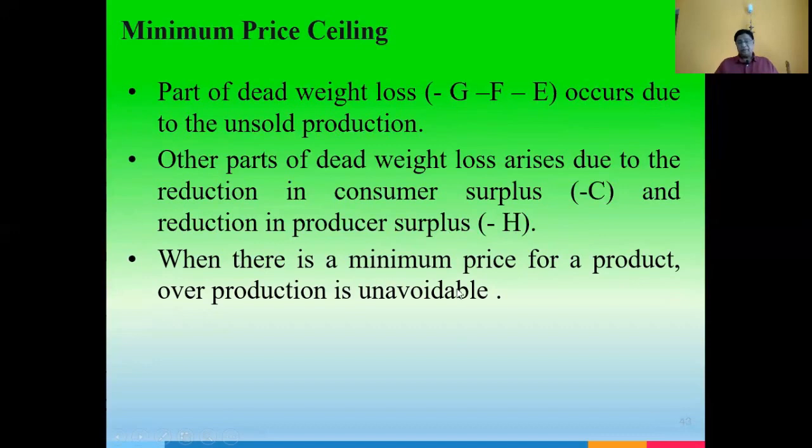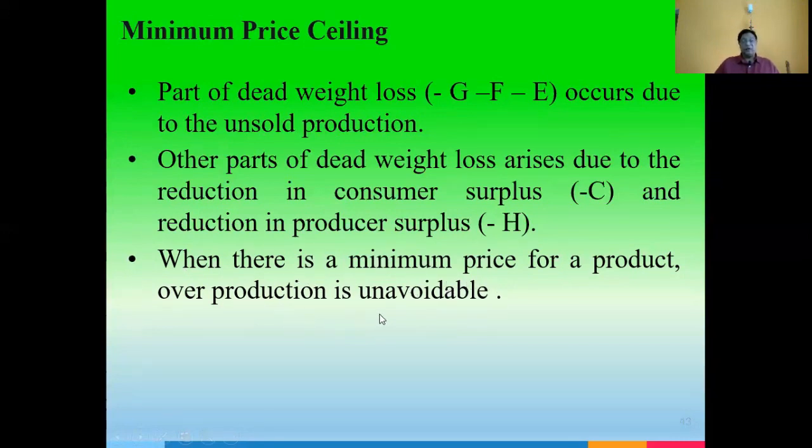When there is a minimum price for a product, overproduction is unavoidable. It is very clear. You can remember the overproduction of paddy in our country due to the minimum price for paddy.